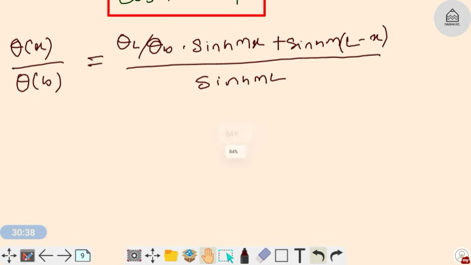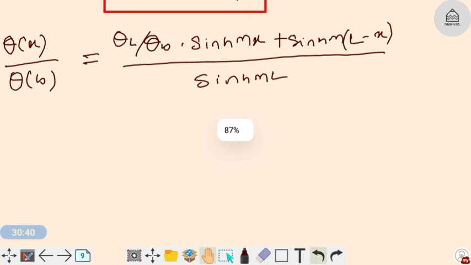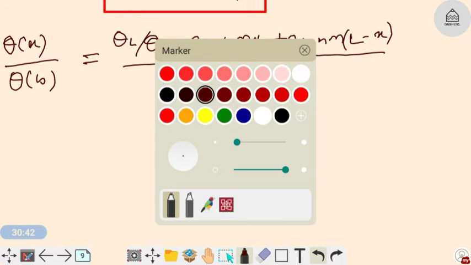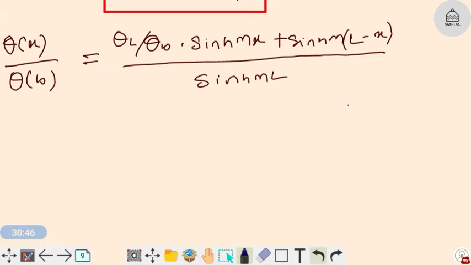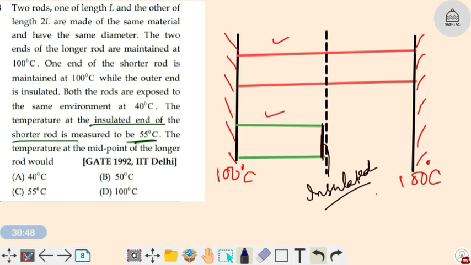But this expression is basically for a rod whose length is L, but my bigger rod's length is 2L. This length is 2L.